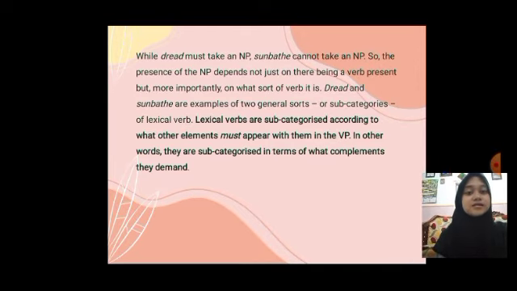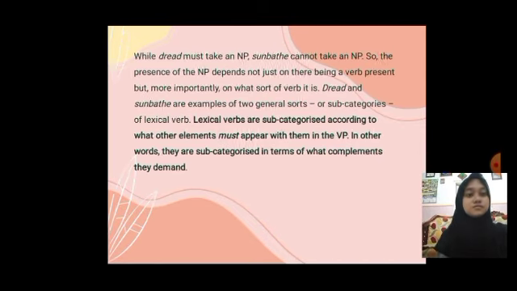Treat and sympathize are examples of two general sorts or subcategories of lexical verbs. Lexical verbs are subcategorized according to what other elements must appear with them in the verb phrase. In other words, they are subcategorized in terms of what complements they demand.